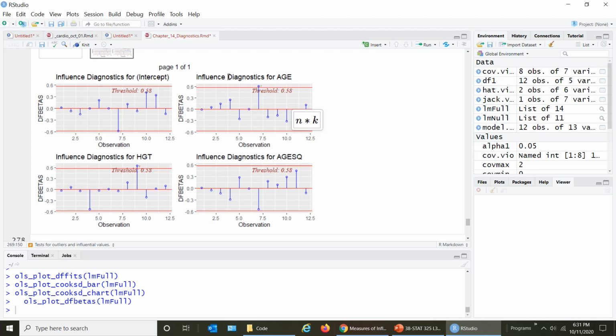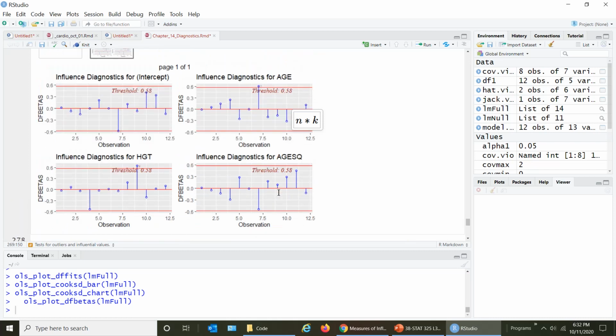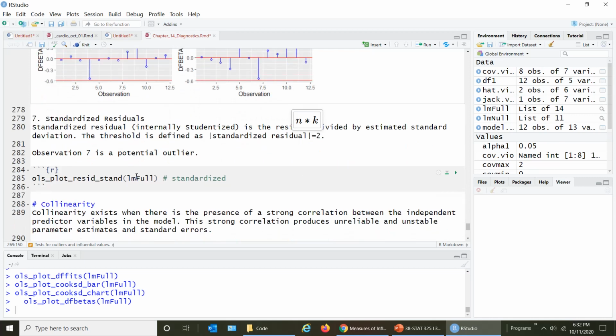So this is the intercept, this is age, this is height, and I've got 9, not 7, this is observation 9. And then under age squared, none of the observations are outside of the threshold. Okay, so 9 and 7 appear to be influential: 7 for the intercept and for age, 9 for height.